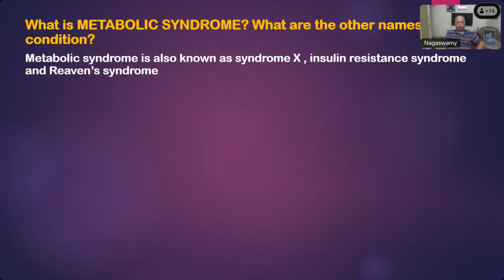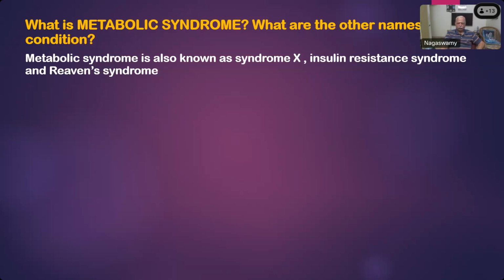Later on, you do the calculations and try to find out the answer. So he kept it as X. Then later found out that it was insulin resistance which was causing all the problem. So it is named as syndrome X because initially they were not aware why this problem happened.